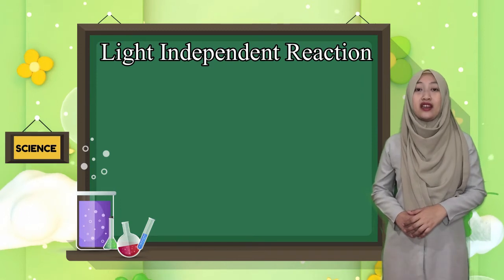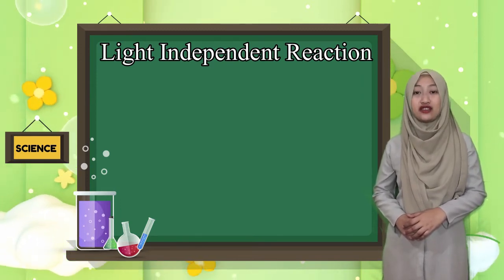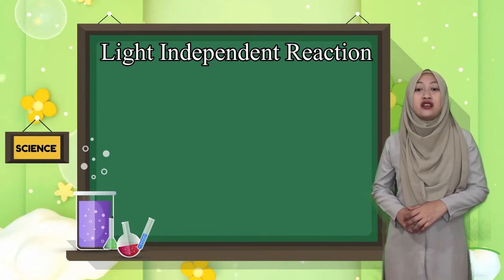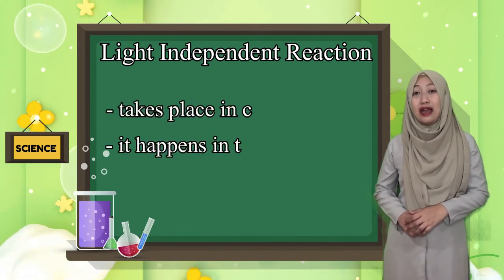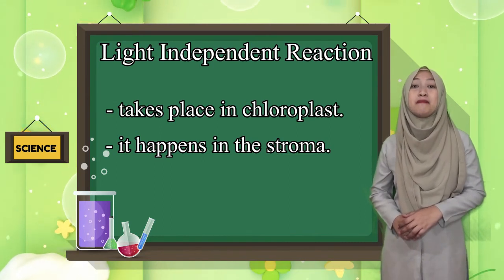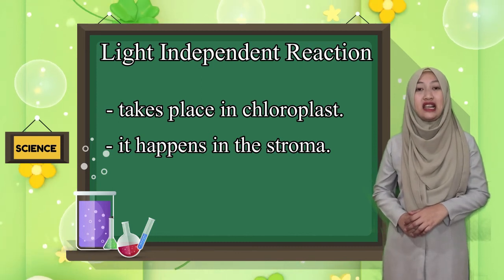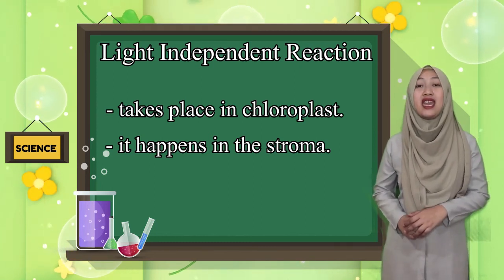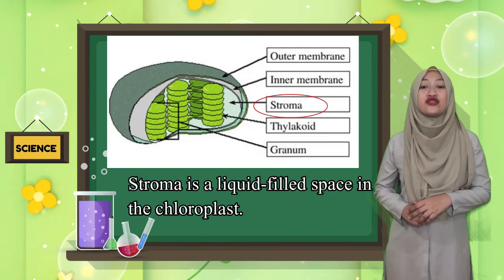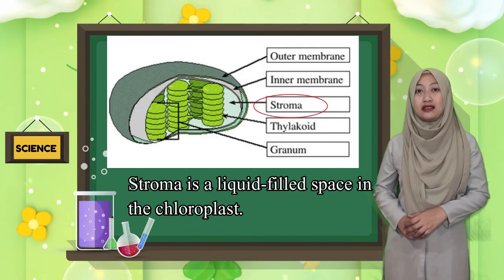This is where the Calvin cycle or the light-independent reaction occurs. The Calvin cycle also happens in the chloroplast. But unlike the light-dependent reaction, it does not happen in the thylakoids, but rather in the stroma. Stroma is a liquid-filled space in the chloroplast.